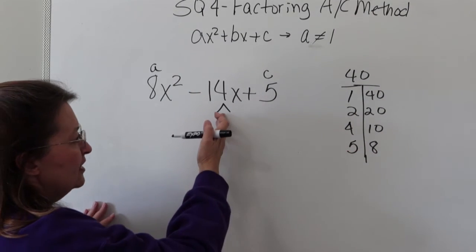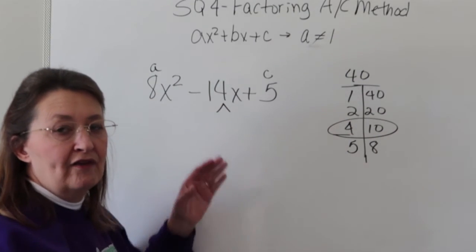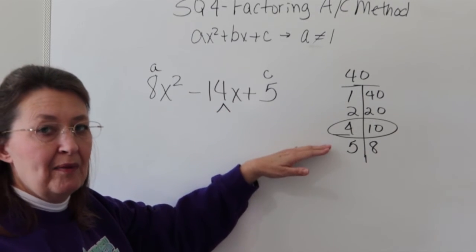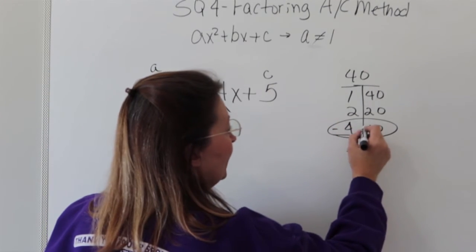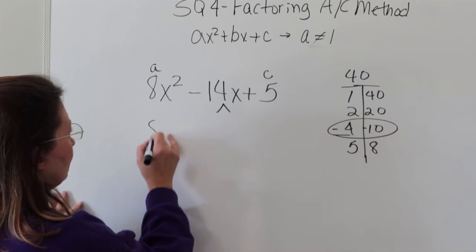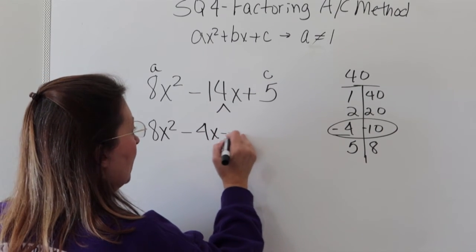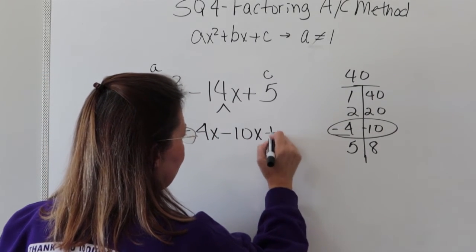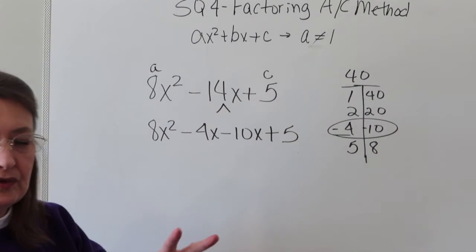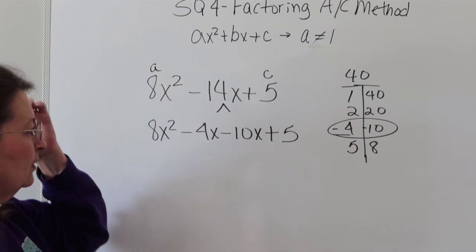Now which pair adds up to give me 14? 4 and 10. Now you have to watch this one because this is a negative 14. So what does that mean about my pair? Well, it has to be negative 4 and negative 10. So when I rewrite this, 8x squared, I'm going to put minus 4x minus 10x plus 5. I just split that middle term into two numbers that combine together to equal it.